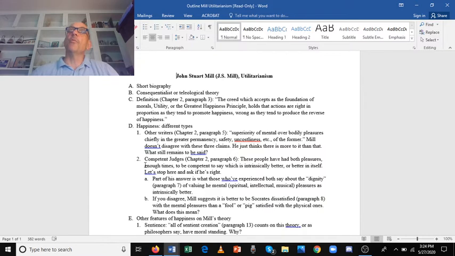Which one makes for a more dignified life as a human being? I'm not just saying this because I'm a philosopher. I think the intellectual, spiritual, musical ones make me a better person. Now, that doesn't mean I'm always happier to have them, right? Doesn't mean I'm always in a better place. Anyone who's ever majored in something or tried a musical instrument or tried to lead a spiritual, religious life, it's hard. It takes practice. There are a lot of mistakes.